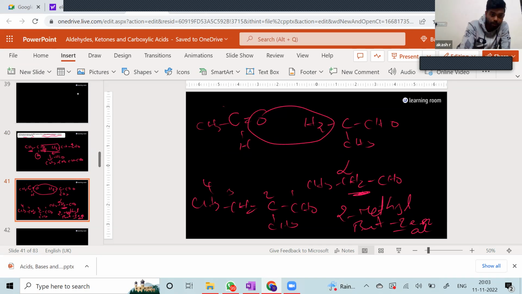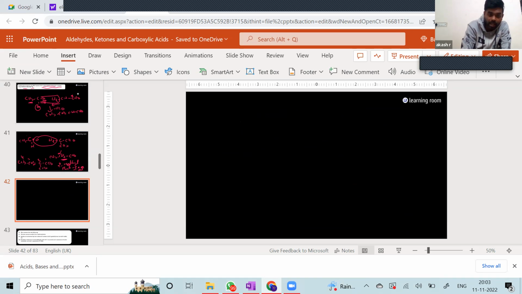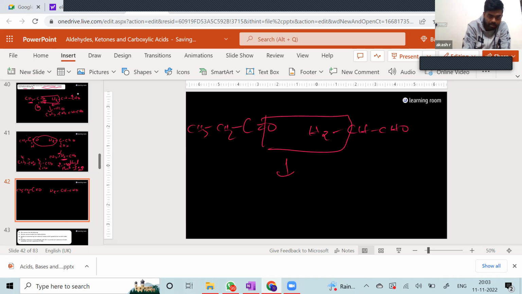Right. Now I'll go for the other product. In the other product you put the C double bond O of your propanal, that is CH2, CH3, and you put the H2 of your ethanal. Again, you remove the water molecule like this, and you go for CH3, CH2, CH2, CHO.